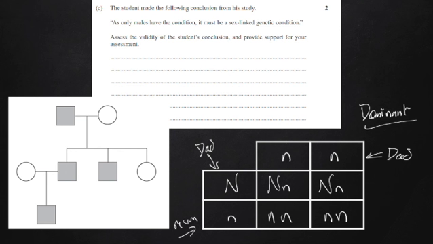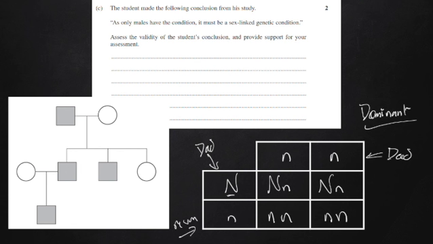So after going through a few Punnett squares here and working out some possibilities, when you assess the validity of the student's conclusion, you'd basically say here that it's not valid because it could be autosomal, it could be non-sex linked. We've just demonstrated that by looking at the dad, if it was dominant.